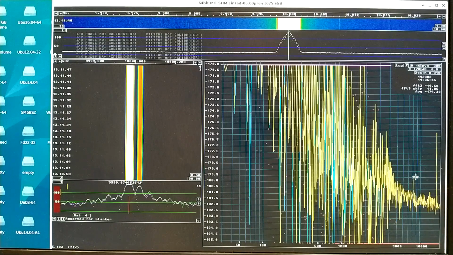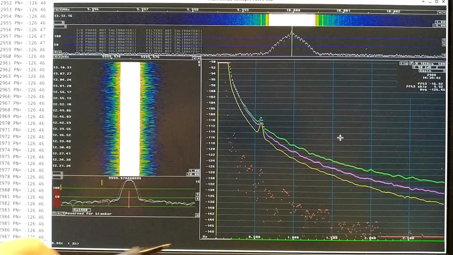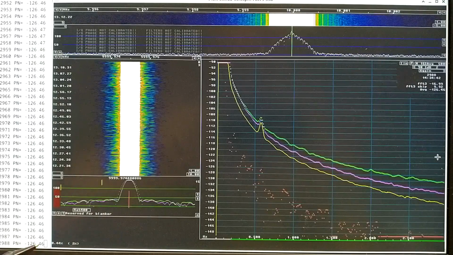So that's okay. And the standard parameters that gave me some time ago, minus 130 for the average from 0.2 up to 2.9 or maybe 3 hertz. It is now giving minus 126 as I have had now for some time.